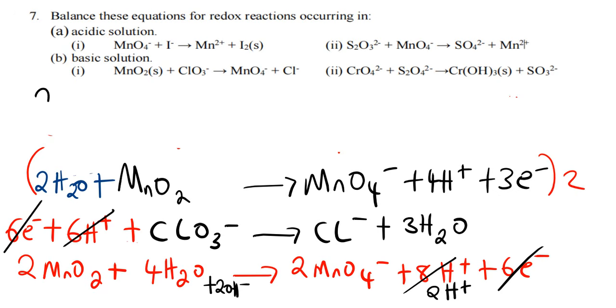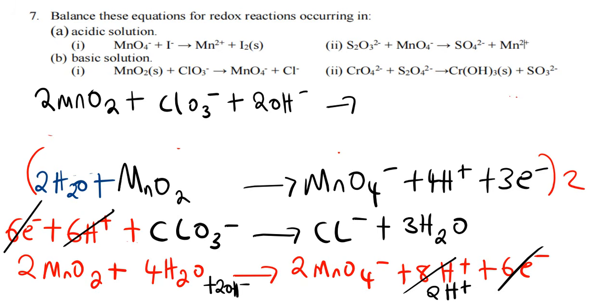So I'm going to have 2MnO2, plus this compound minus, plus the 2OH minus there. This will give us, then, what have we remained this side? We've remained with that part, so I'm going to write my 2, like that, plus this part, the chlorine.